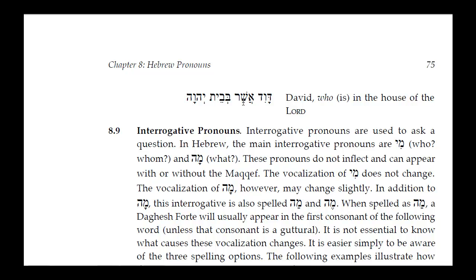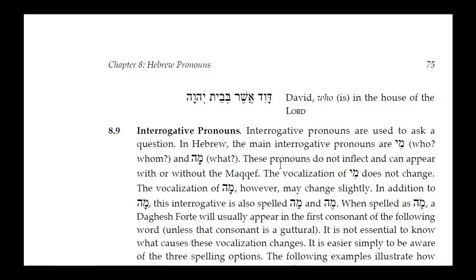Now the next type of pronoun we want to go through after the relative pronouns is the interrogative pronouns. Interrogative pronouns are used to ask a question. In Hebrew, the main interrogative pronouns are mi, which means who, or ma, which means what.